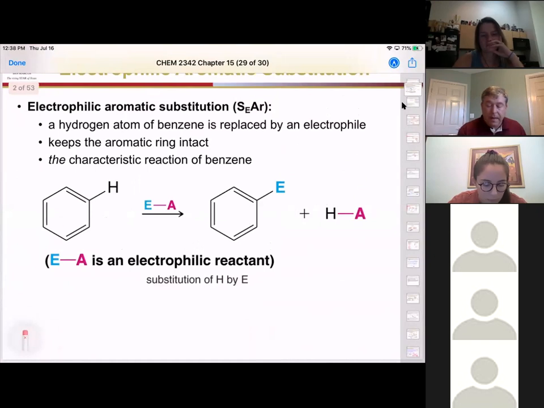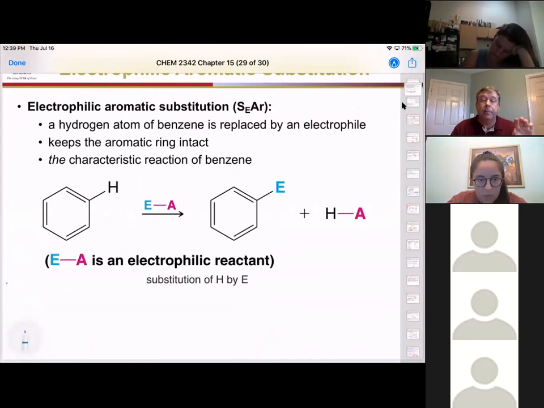And the same 3 steps happen in every single one of these reactions. We generate our electrophile. Usually we take our reagent plus a Lewis acid catalyst to generate that positive charge. Occasionally we add sulfuric acid to nitric acid and generate the nitronium ion, okay? But in all cases, we're generating that positive charge.